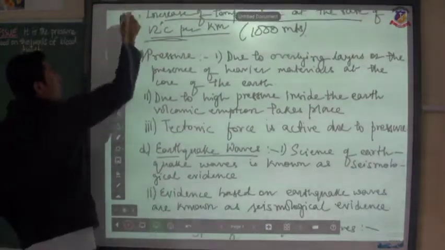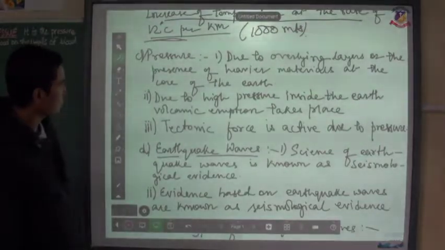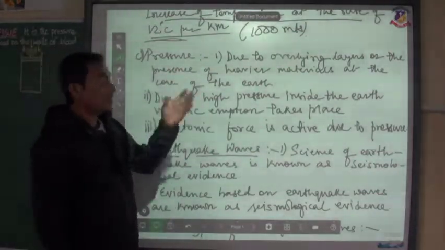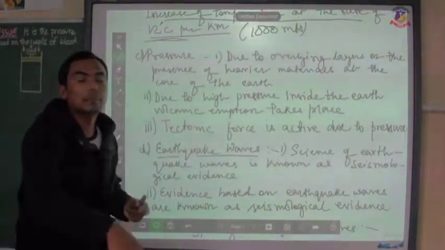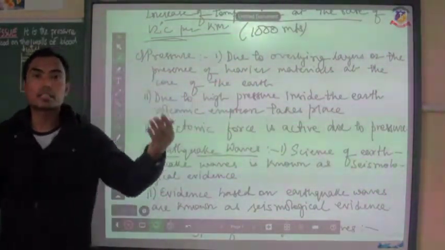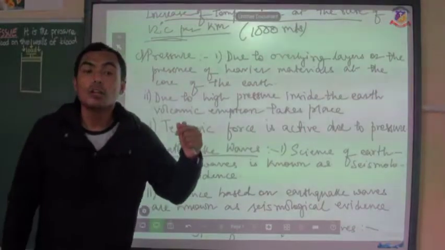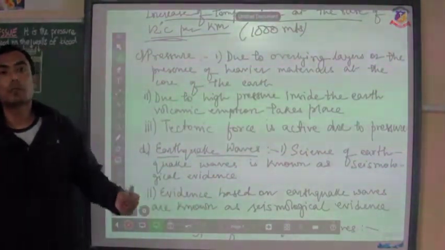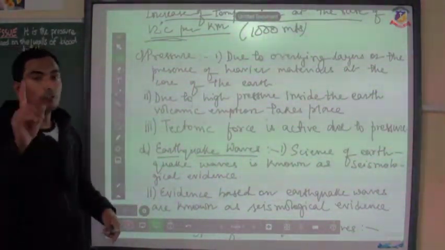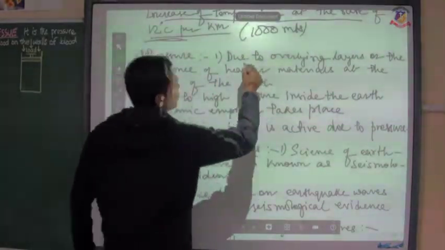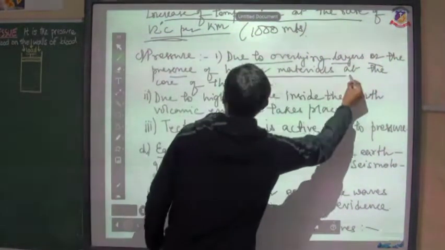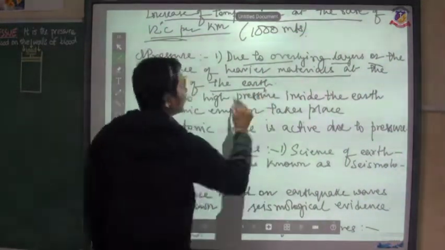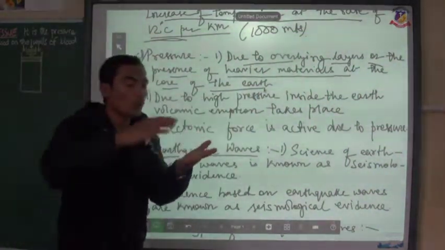Next point, pressure. Now, like temperature and density, as we go deeper, the pressure also starts to increase. Why is there an increase of pressure as we go deeper? First reason is due to overlying layers, resulting in higher pressure beneath the surface, and second is the presence of heavier materials at the core of the earth.